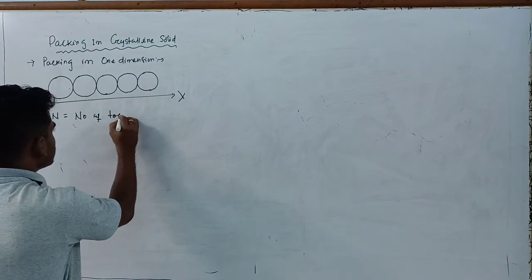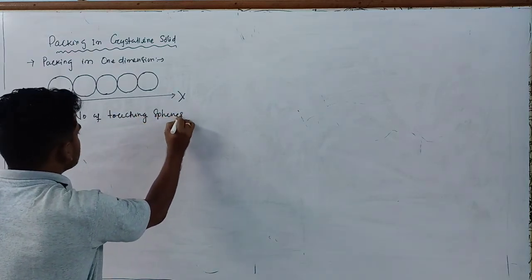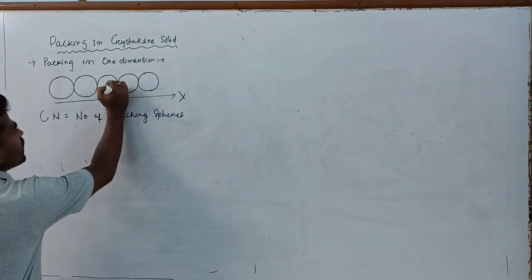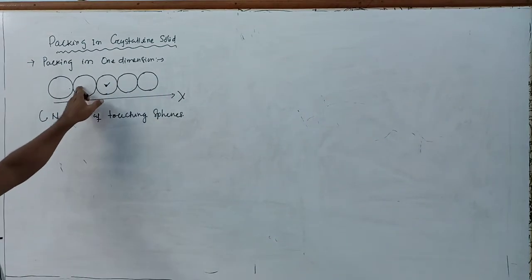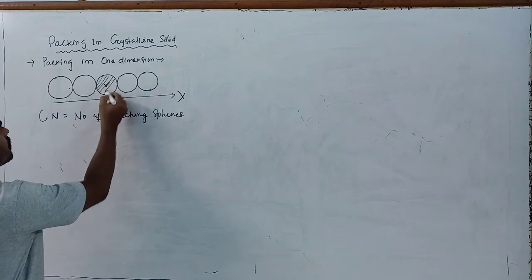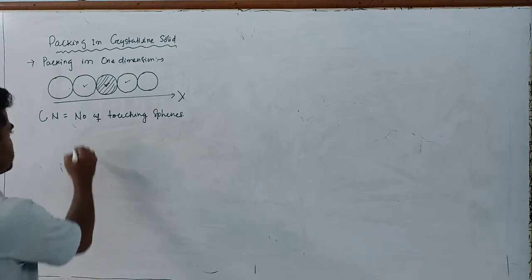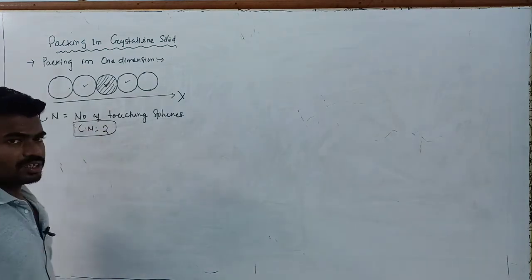The number of touching spheres is known as coordination number. If you target one sphere, let's say I am targeting this sphere, this sphere is touching two other spheres. If I consider this sphere, you see this sphere is connected to these two spheres, so the coordination number you can write is 2.